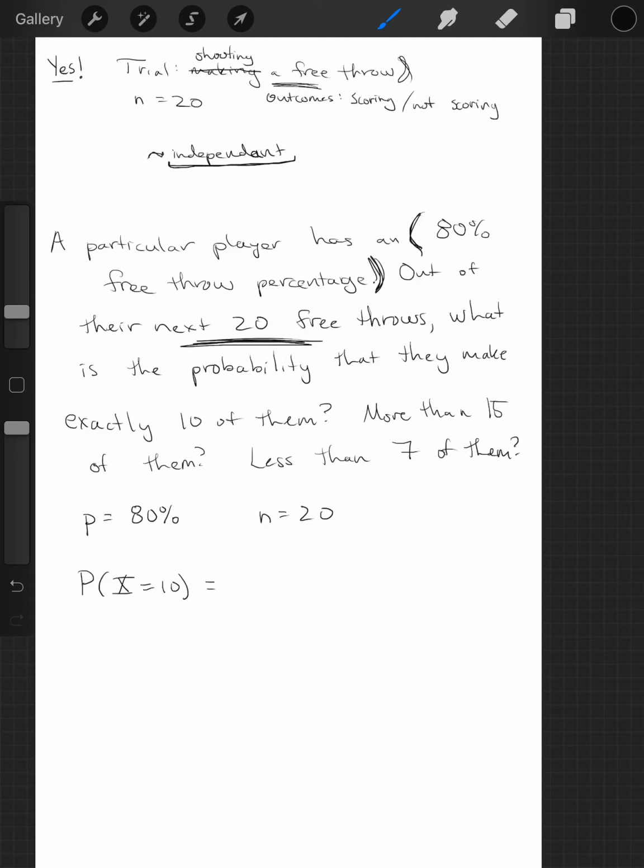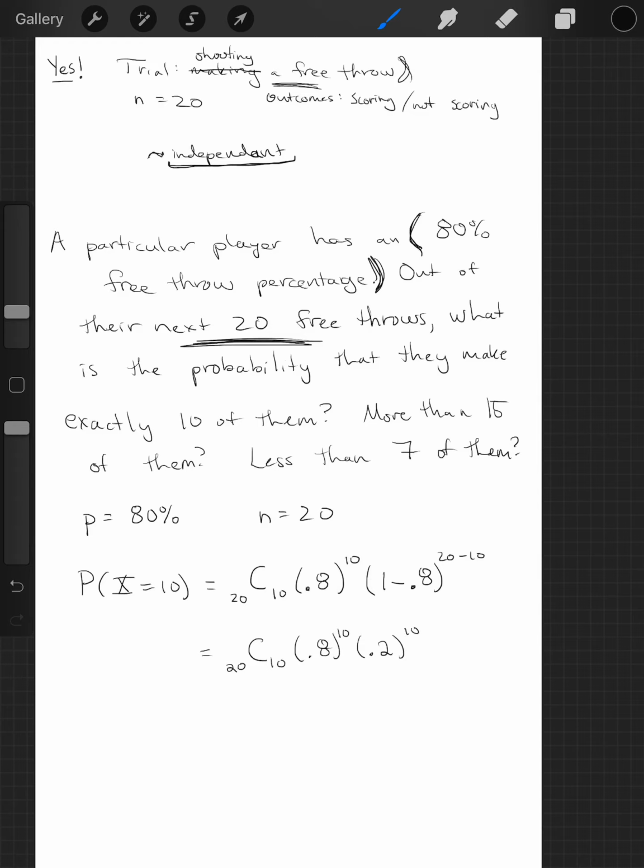So the first question is saying, what's the probability that x equals 10. Now we could do this as a formula. We would have 20 choose 10 times 0.8 to the 10 times 0.2. Let me do it step by step. 1 minus 0.8 to the 20 minus 10.